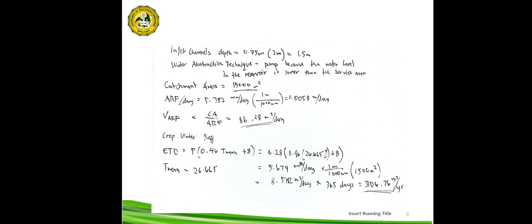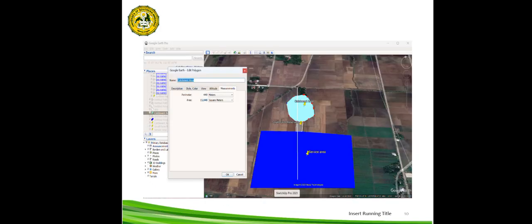The volume of actual rainfall per day is equal to the catchment area times ARF, which is 86.28 meter cube per day. This is the catchment area in Google Earth Pro.